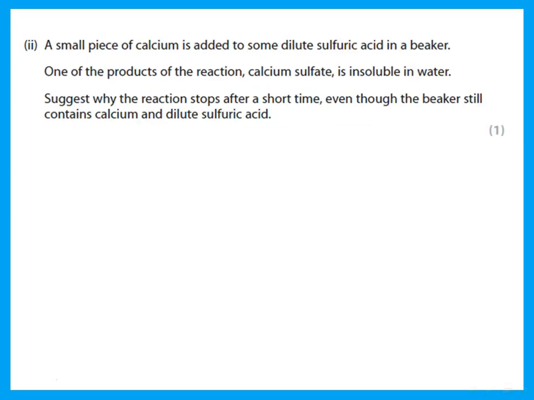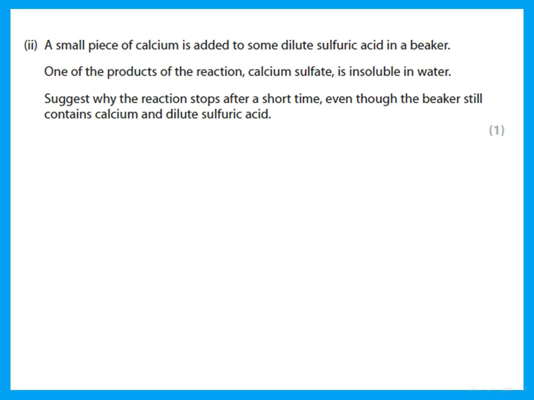Any 2 of these would be correct. A small piece of calcium is added to some dilute sulfuric acid. One of the products of the reaction is insoluble in water. That means it will form a precipitate. The reaction stops after a short time, even though the beaker still has calcium and dilute sulfuric acid.